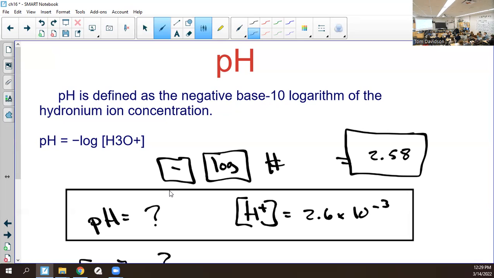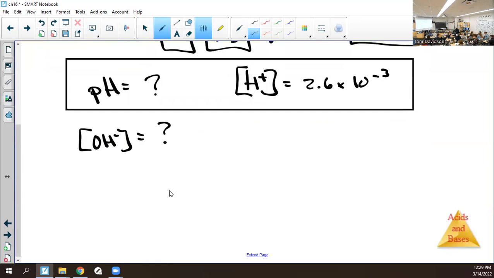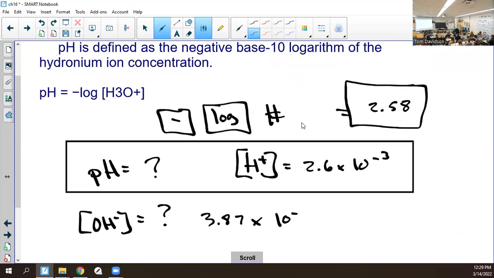1 times 10 to the negative 14. Who has that answer? It won't be 5.9. It might be times 10 to the something. It's 3.876 times 10 to the negative what? Negative 15. That can't be right. Wait, hang on. Was it 3.8?